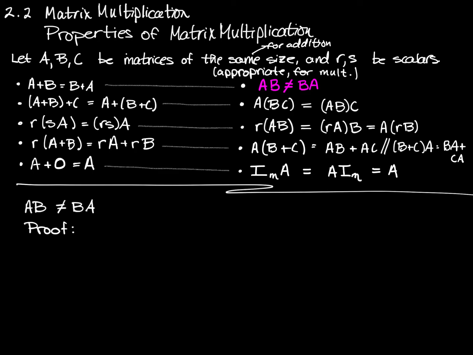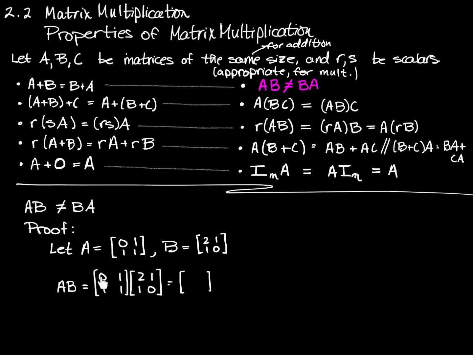For example, if this was AB equals BA, I could prove that this was not true by showing an example that demonstrates that, right? So I give an example of an AB and a BA, which when you multiply them together are not equal. So that's what I'm going to do here. I'm going to start by establishing the two matrices that I'm going to work with, and then I'm going to multiply AB, and then I'll multiply BA, and I'll show that they're different.